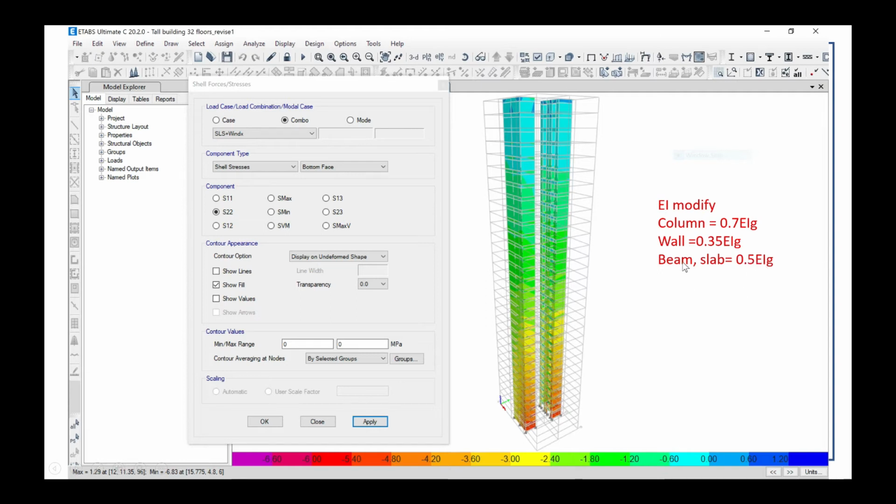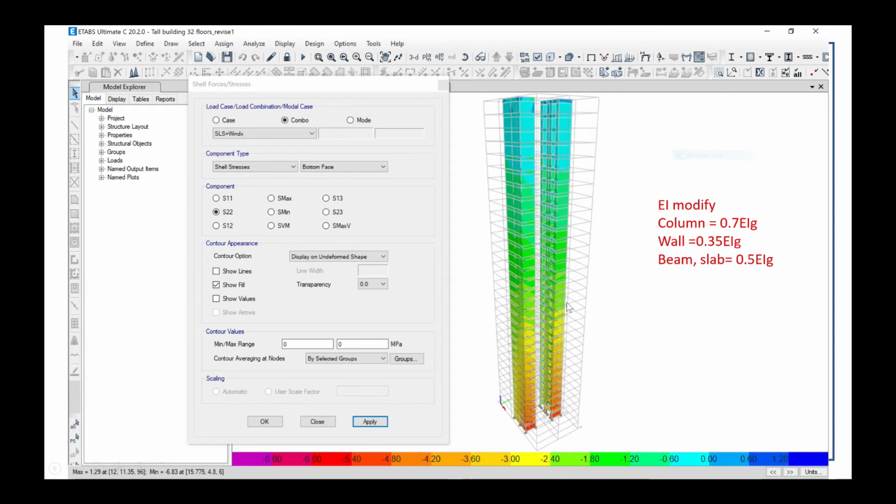You can check my tutorial, where I model it completely from the beginner level to the complete level using ETABS. You can verify that I use the modified stiffness for the members.